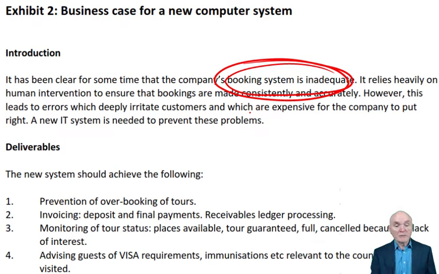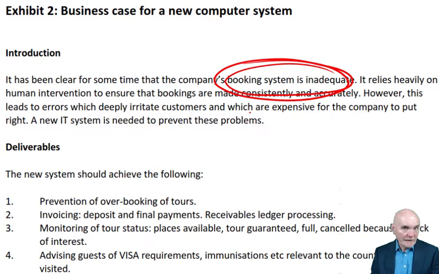Can we trust that judgment? This person asserts that the reason for mess-ups in bookings and inefficiencies is down to the old computer system. You always expect IT people to say that.